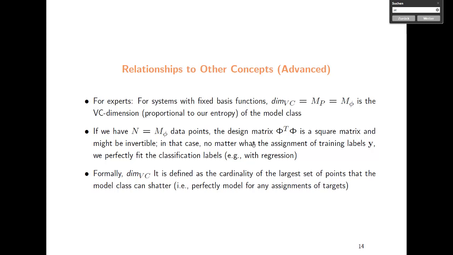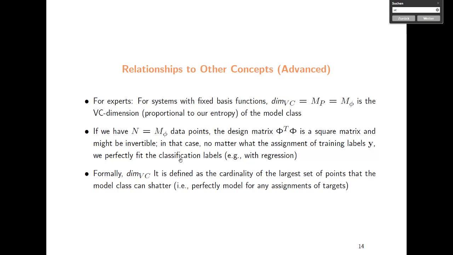And according to the VC theory, generalization can only start when we have more data points. Which of course is not true in reality, because we can use some prior knowledge to restrict this even further. But this is what comes out of the simplest form of VC theory.